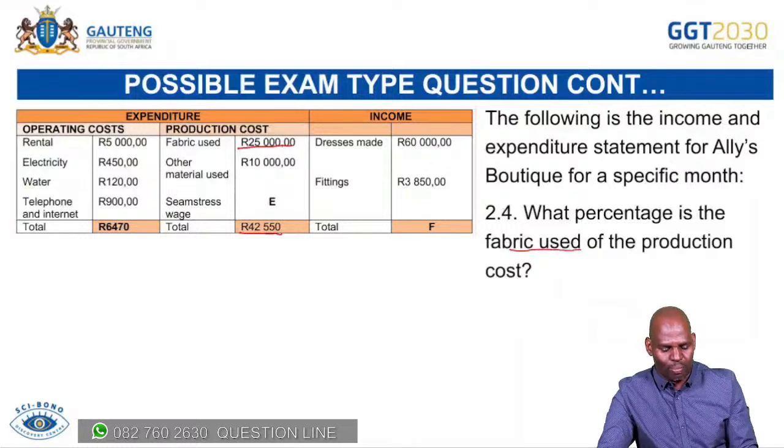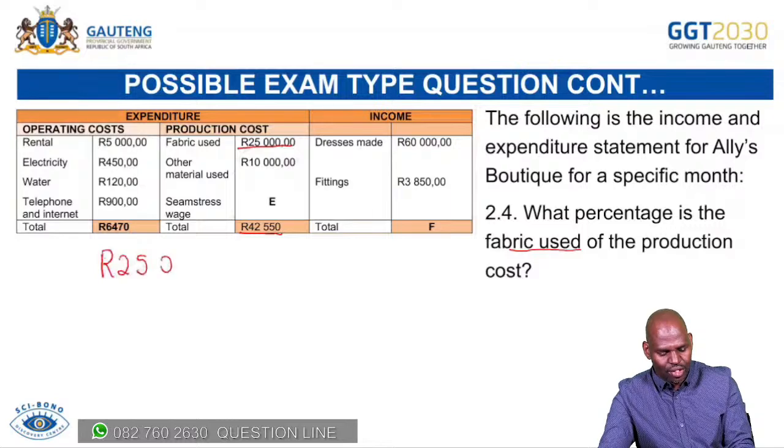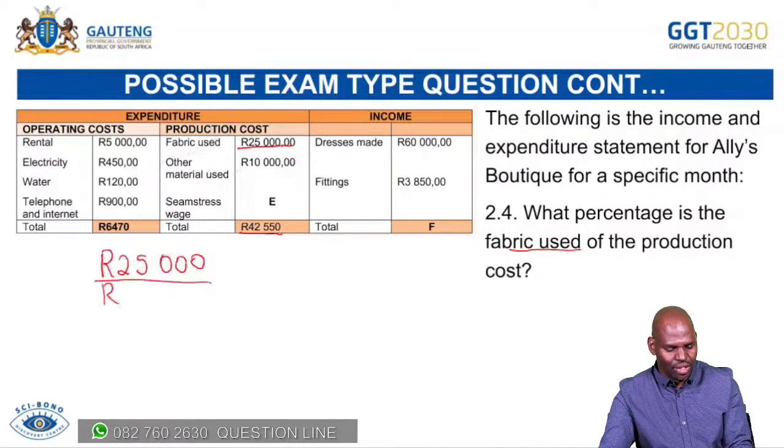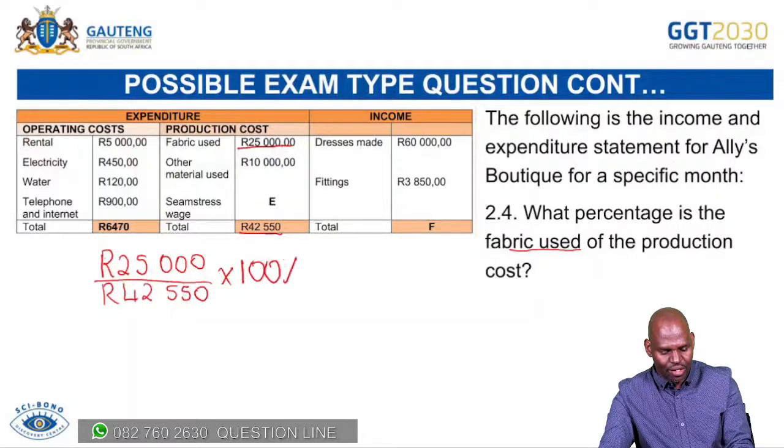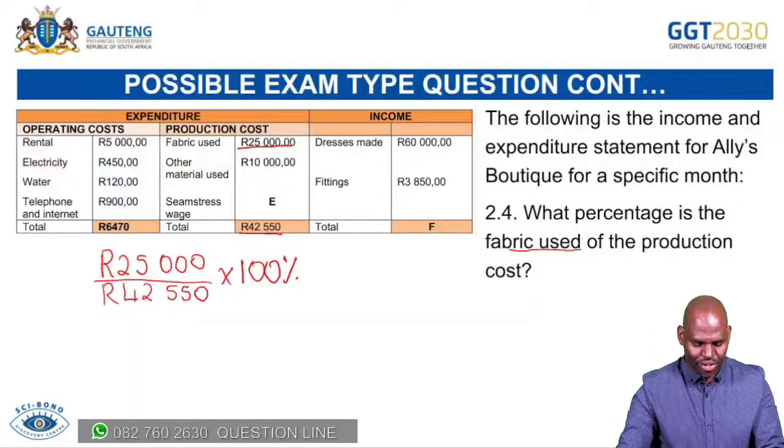So in this case, to get a percentage, we take the 25,000, then we divide it by the production cost. The production cost in this case is this one, 42,550. Then we multiply by 100. Then we indicate the percentage key there.